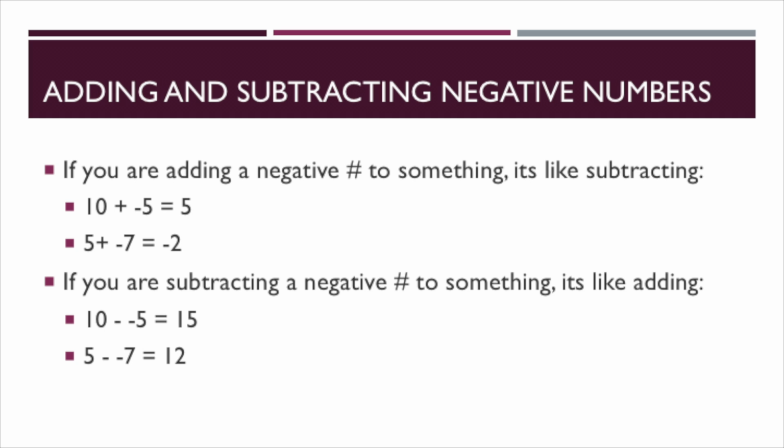Or if you have, say, 5 plus negative 7, it's like 5 minus 7, which would be negative 2. Now, if you're subtracting a negative number, it's kind of like adding the positive. So, for example, 10 minus negative 5 is like 10 plus 5, which would be 15. Or 5 minus negative 7 is like 5 plus 7, or 12.